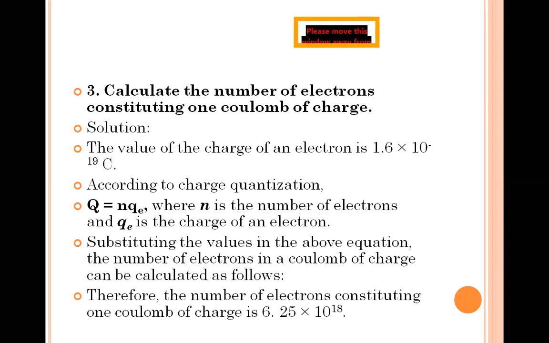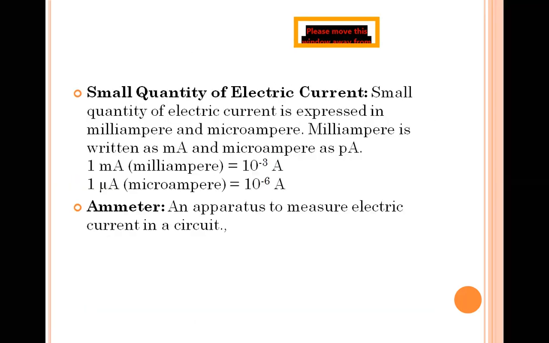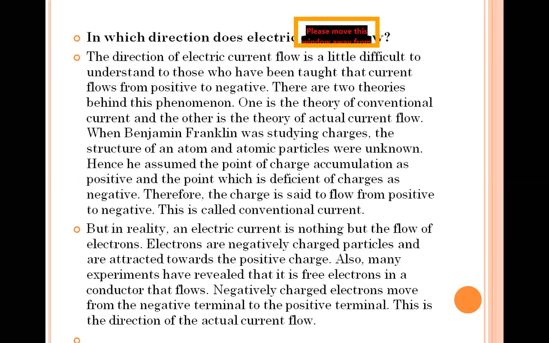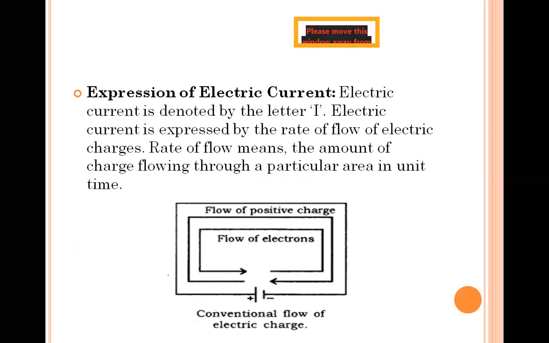So basically this video was about what is electric current. Electric current is the flow of electrons. Electrons always flow opposite to the direction of electric current. We always show the direction of flow of electrons opposite to the direction of electric current.